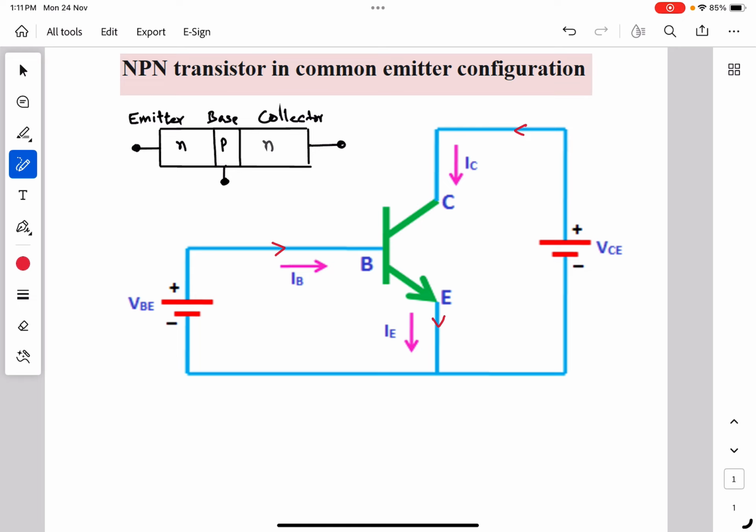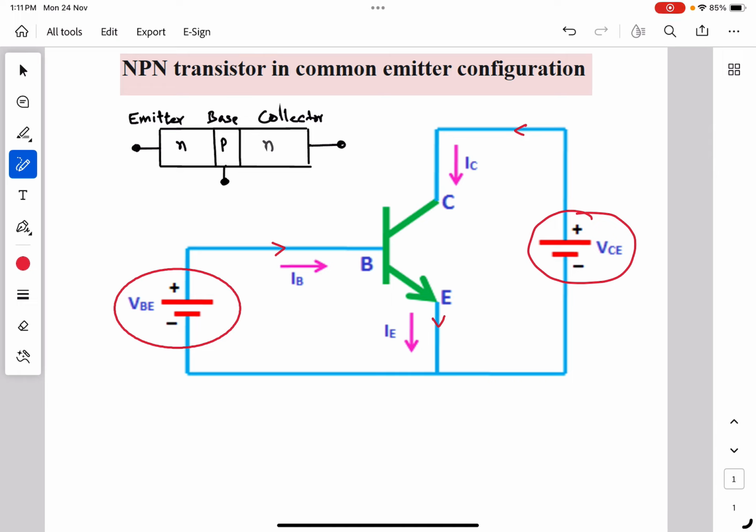The emitter base junction is forward biased with the help of battery VBE, and collector base junction is reverse biased with the help of battery VCE.